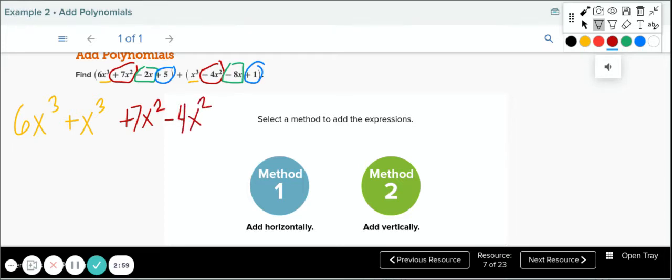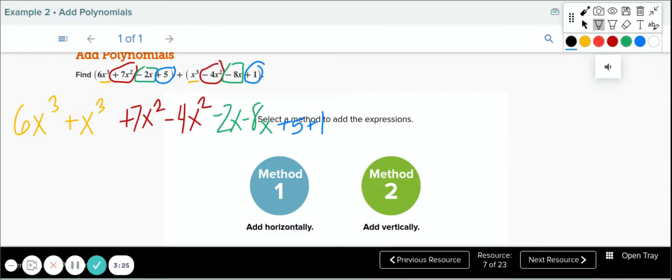Or you could think of it as plus a negative 4, but I like to just use one sign. Then we have a negative 2x minus 8x. And then we have plus 5 and plus 1. Sorry for running out of space there. So now everything is horizontal and everything is grouped with like terms.